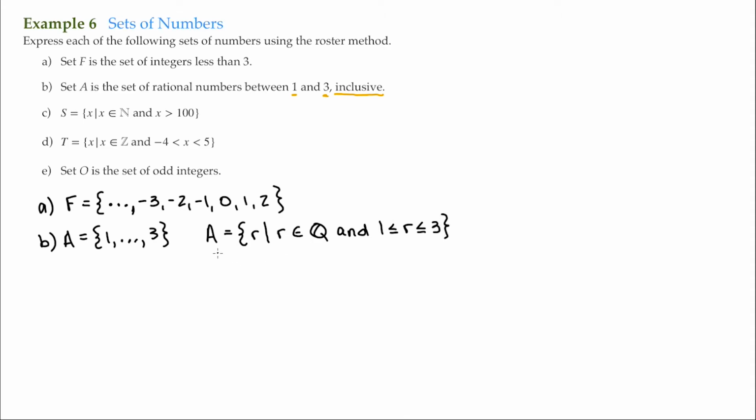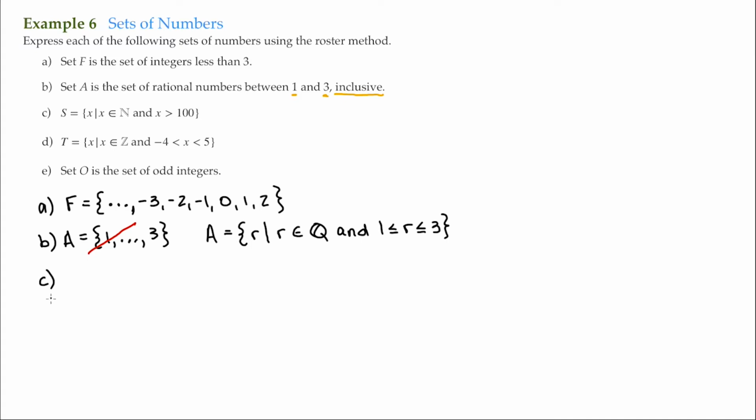So I can use set notation to describe this word description, but I don't think we can use the roster method to describe it. It's too misleading. So it doesn't work here.